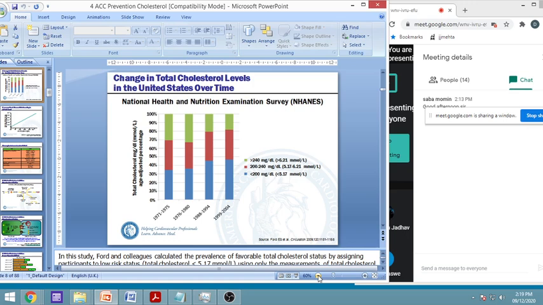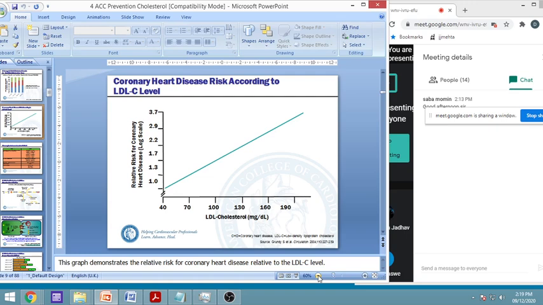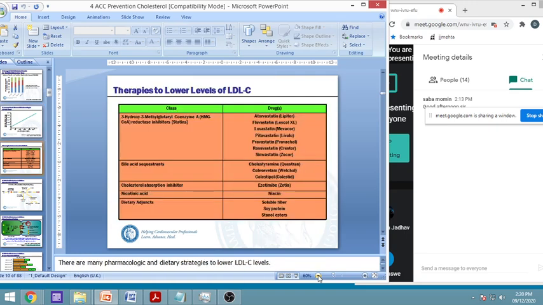Nowadays, because of dietary reasons, you will find that it is going towards the comparatively higher side. Most of the people are accordingly going into it. So these are the reasons how cholesterol is changing. Coronary heart disease risk is increasing because of the LDL. As cholesterol increases, the chances of heart attack or heart disease increase.